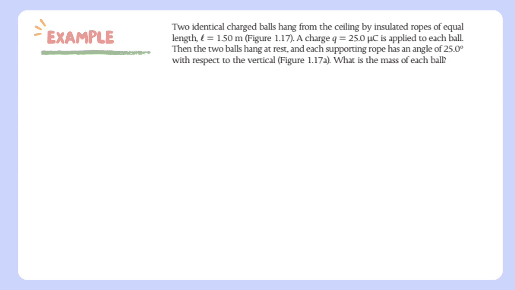What is the mass of the balls? So let's do the 2 balls, and we create a 25 degree angle from the vertical, and we have 1.5 length, and we have 25 microcoulomb charge.